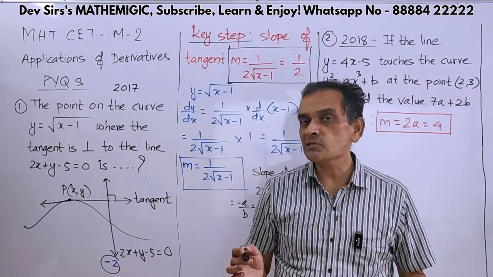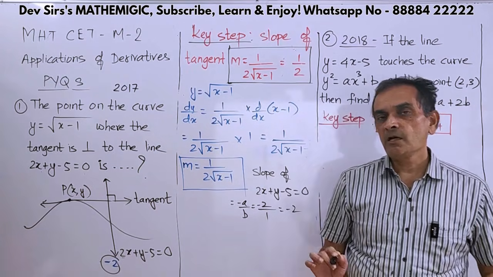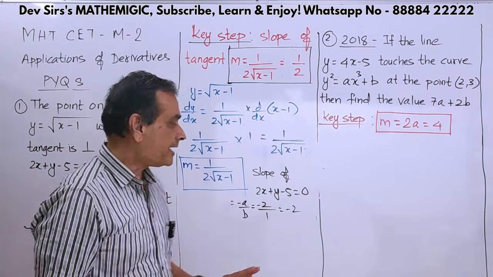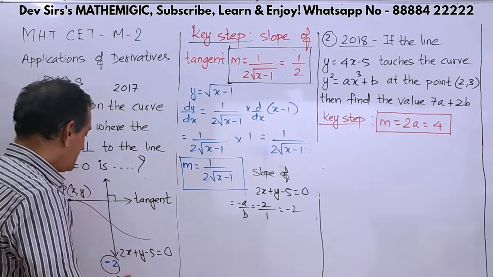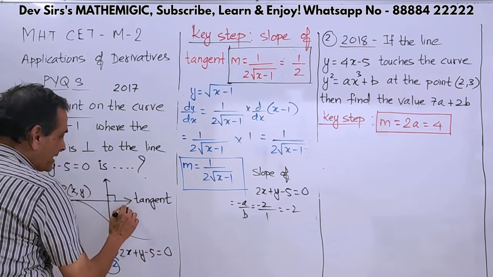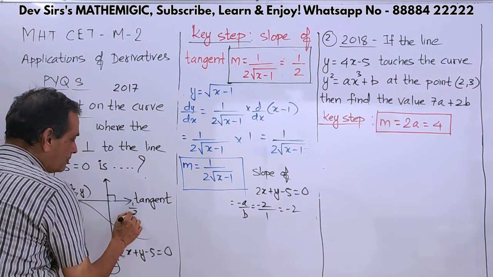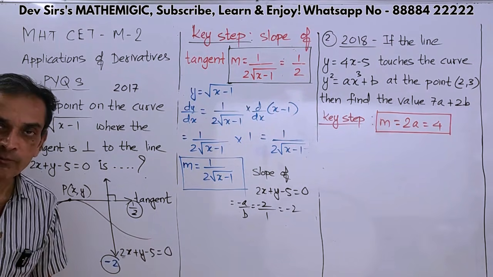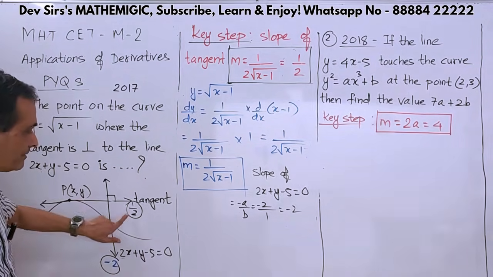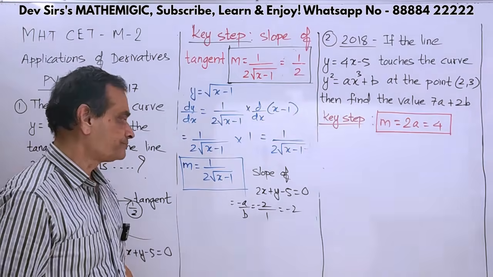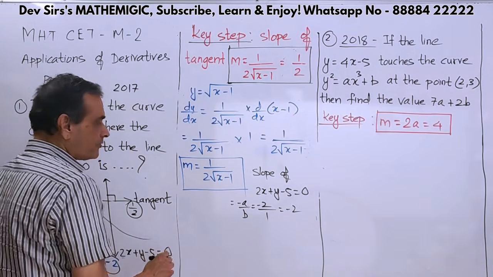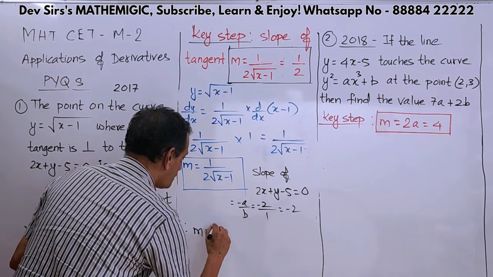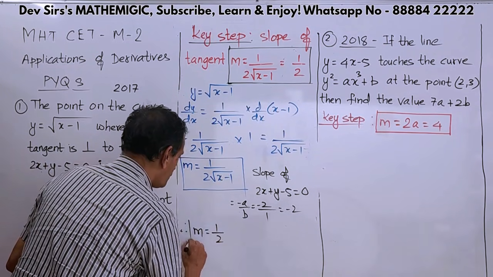By properties of slopes of perpendicular lines, when the lines are perpendicular, their slopes are not equal. एक का स्लोप अगर माइनस 2 है तो टेंजेंट का स्लोप क्या होएगा? 1/2. माइनस 2 का रेसिप्रोकल 1/2, माइनस का प्लस का. Also change the sign. We know that. Therefore again we get m equal to 1/2.